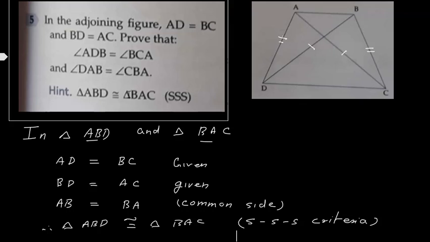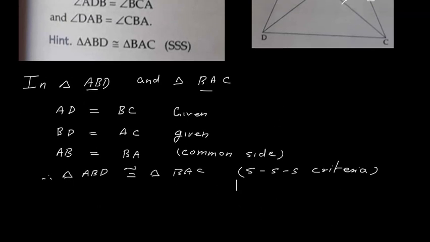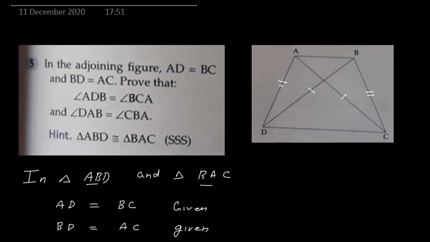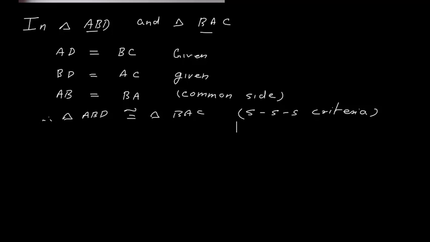Now, as these are congruent, their corresponding parts are equal, that is, angle ADB is equal to angle BCA. This is a corresponding part of congruent triangles.